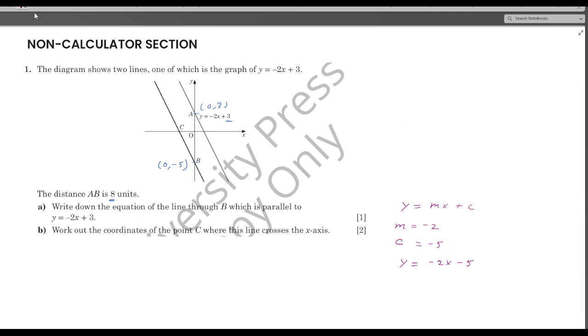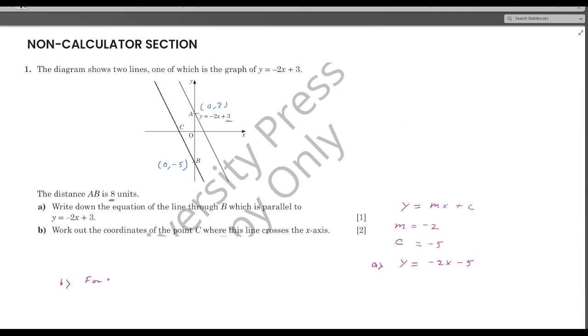The second problem is work out the coordinates of the point C where the line crosses the x-axis. So this is your A part. Now for B part, what we can do is substitute y equal to 0.